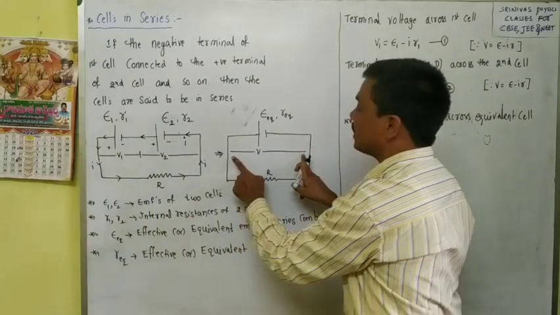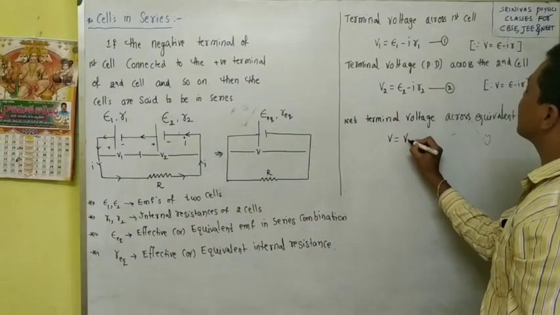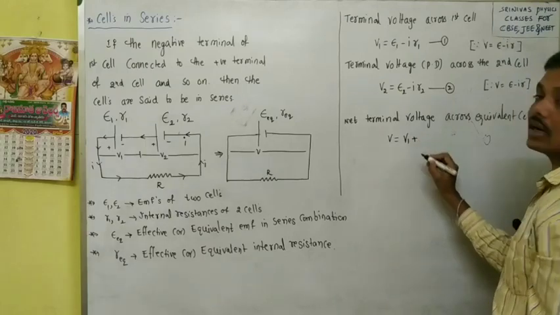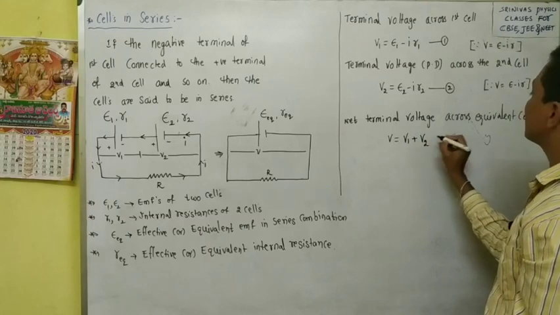Here we are considering only that. Then we write V is equal to V1 plus V2.